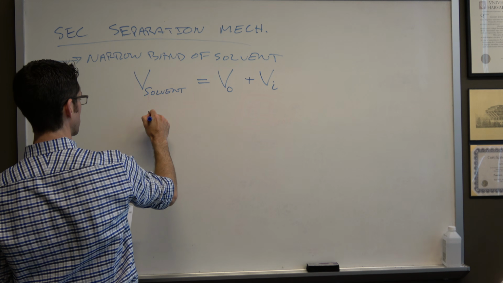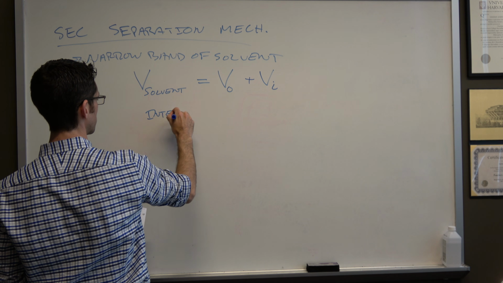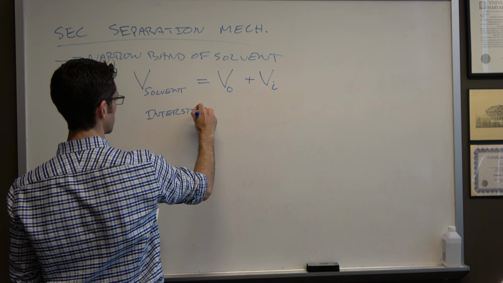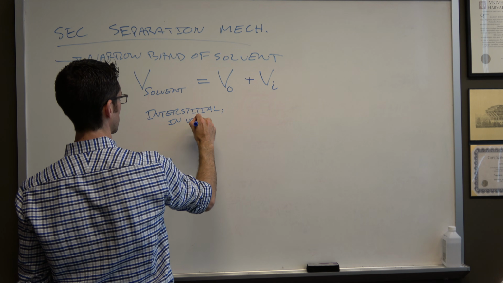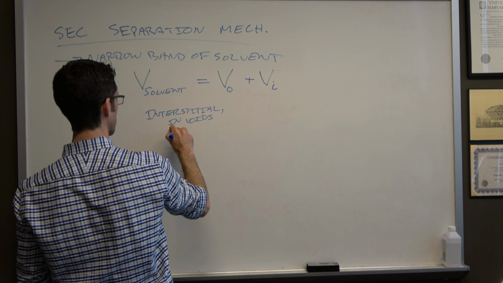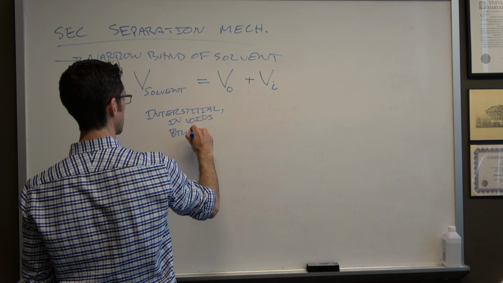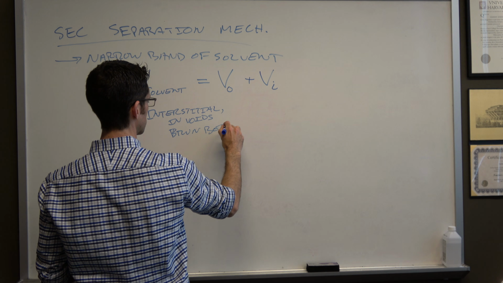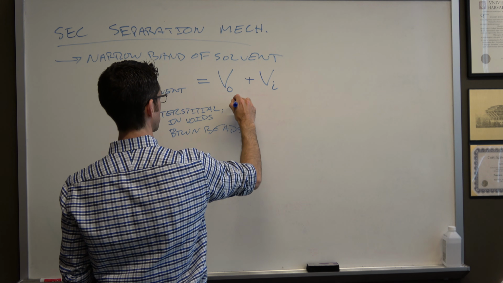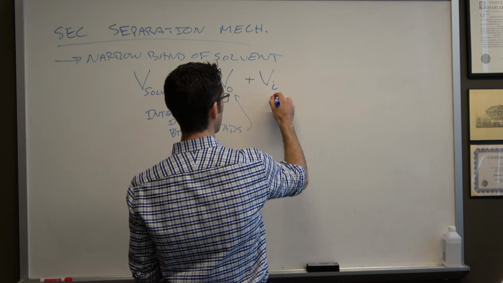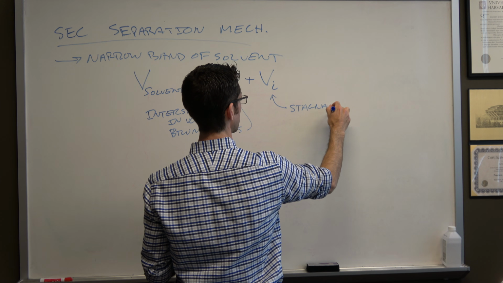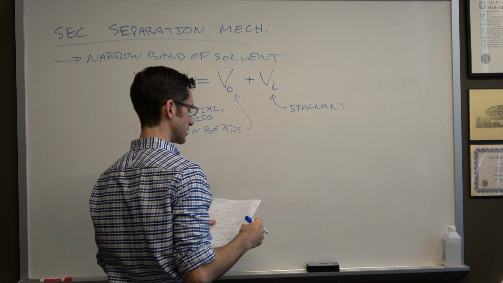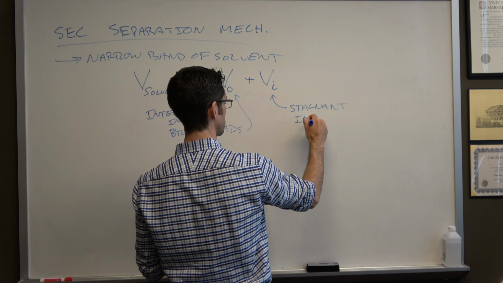So this is interstitial, in voids between the beads. And this is the stagnant or slower moving solvent in the pores.